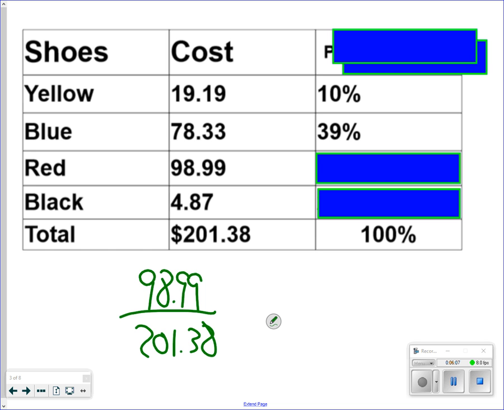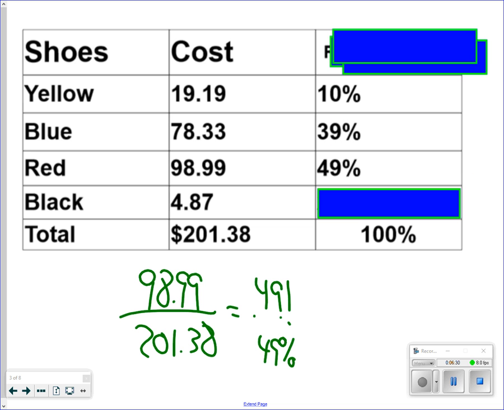Well, let's take a look. 98.99 divided by 201.38. My first three numbers after the decimal are 0.491. This 1 is not going to cause a 9 to round up, so I have 49%. Am I correct? 49 is correct.